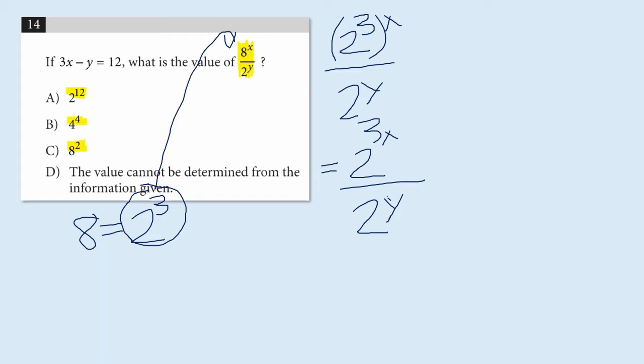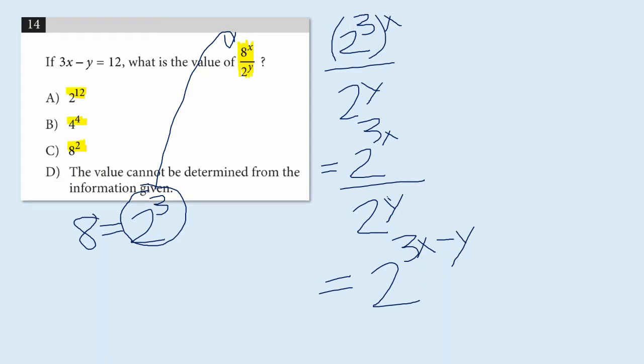And when I have the same base in a fraction, and it's a number to an exponent divided by that same number to an exponent, you may recall that I then subtract the exponents. So this is equal to 2 to the 3x minus y.